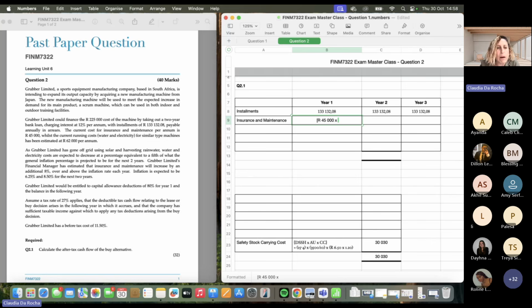We are increasing it by the percentage, which is 1 plus the 6.25, which is the initial inflation, plus also the extra 8%.